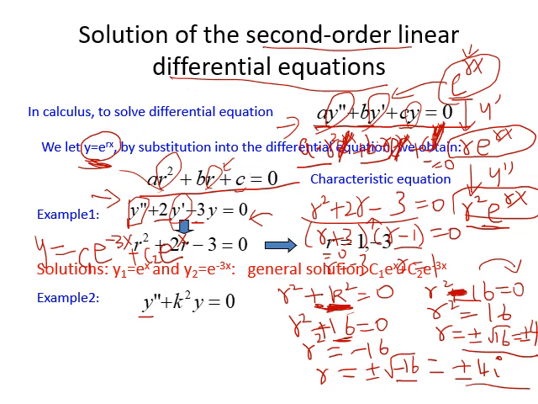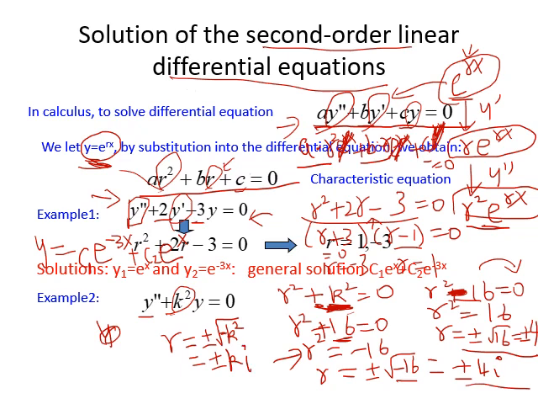And we showed that this number is always positive. That's why we use k squared, remember? And therefore, r will be plus or minus the square root of negative k squared, just like here, so that will give you plus or minus ki.